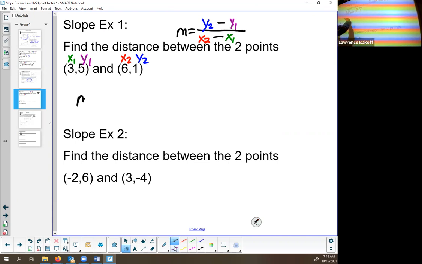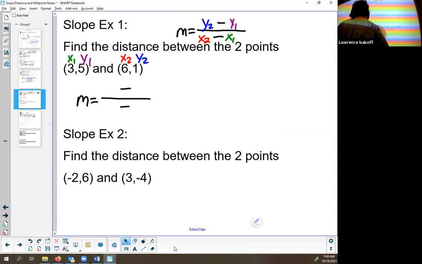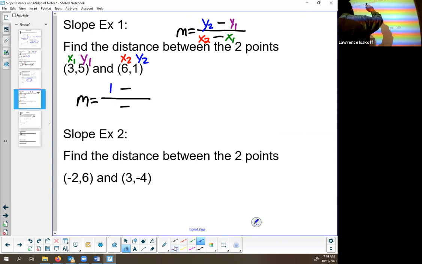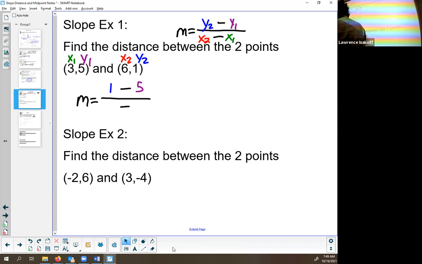So, M equals, what's my Y2 value here? 1. What's my Y1 value? 1 minus 5, okay? Over, what's my X2 value?